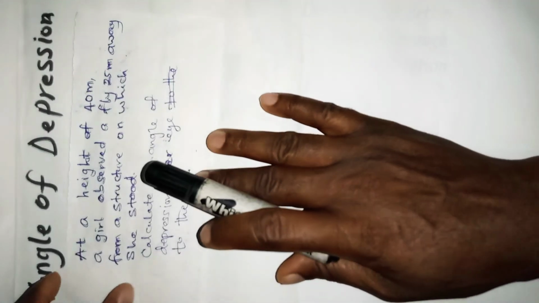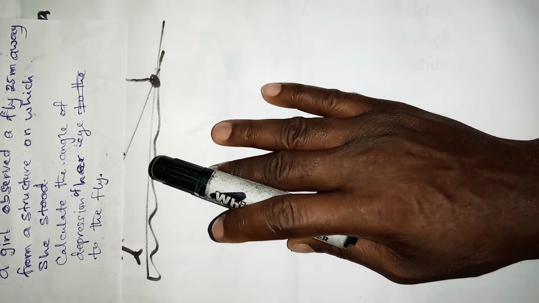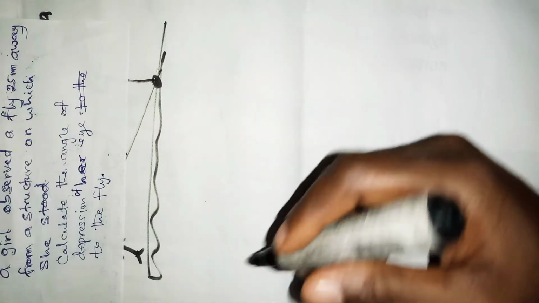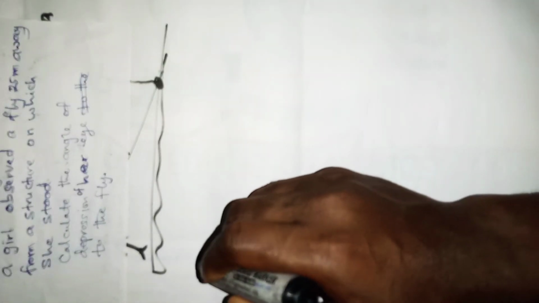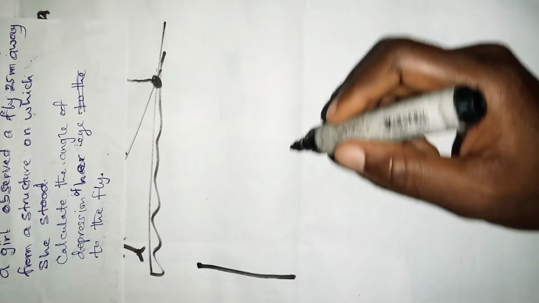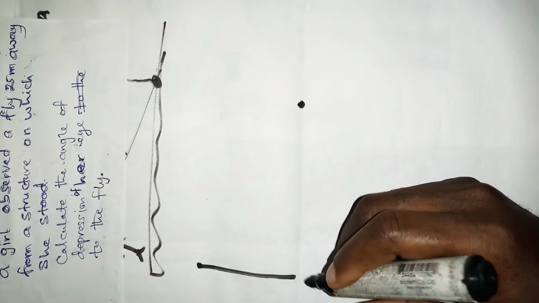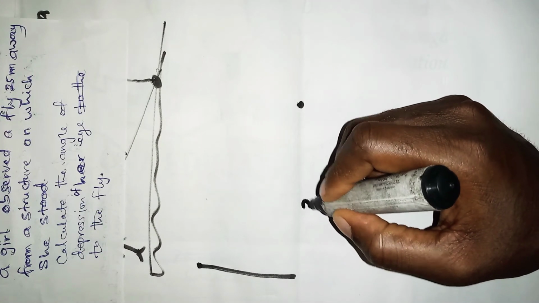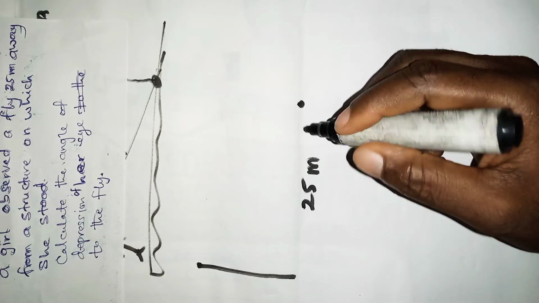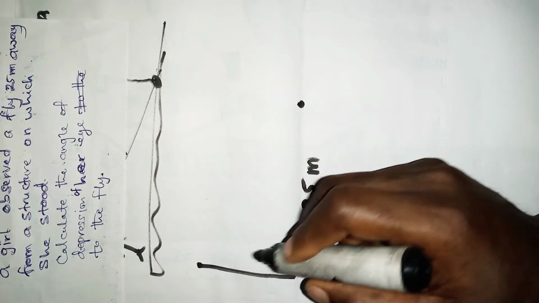So first of all, let's draw this scenario. Let's take this to be the structure and the girl on it. Now, there is a fly which is 25 meters away from the structure.